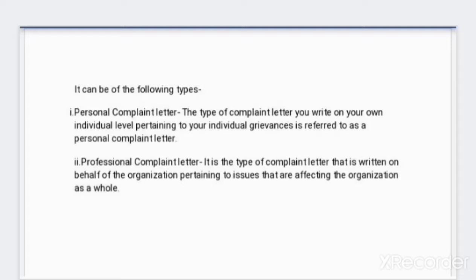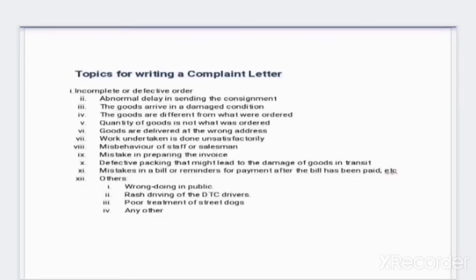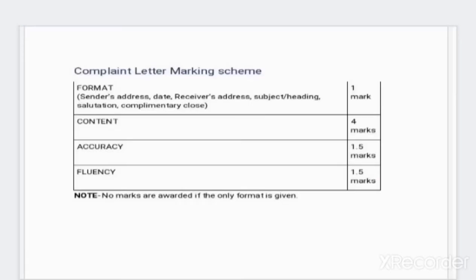Now, I have explained what should be the format of the complaint letter, and I have also explained when we write a complaint letter and what a complaint letter is. So now let's discuss the marking scheme of the complaint letter. Though it has differed this time, you should still go through it.